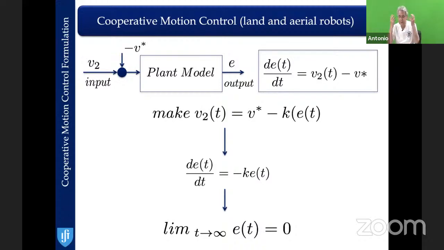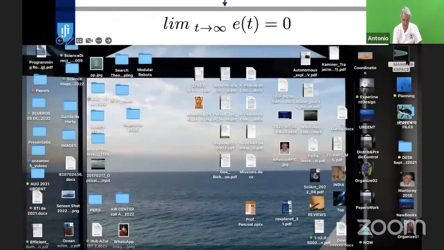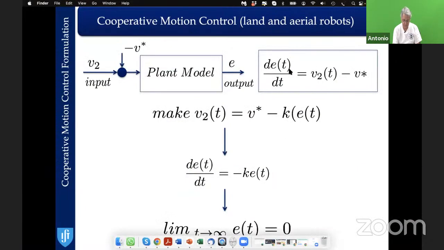And you do the same magic trick. This is a first order differential equation. May look a bit weird, but what would you like to have? You'd like to have the error converging to 0 exponentially. So you say, well, I'm going to do some magic here, and then I would like to obtain dE/dt equal to minus k e(t), because then you know that the solution to this thing is an exponential with the rate of decay that is related to k.